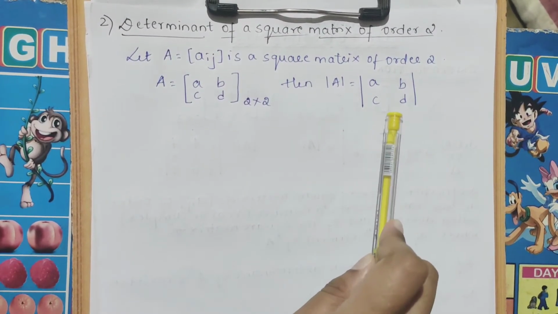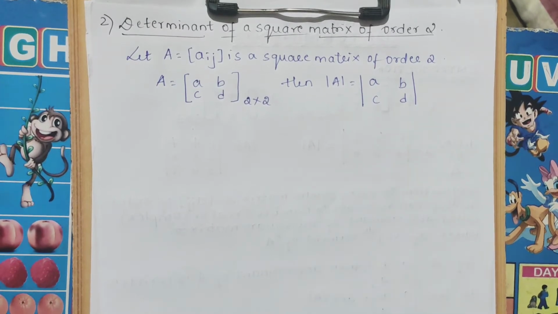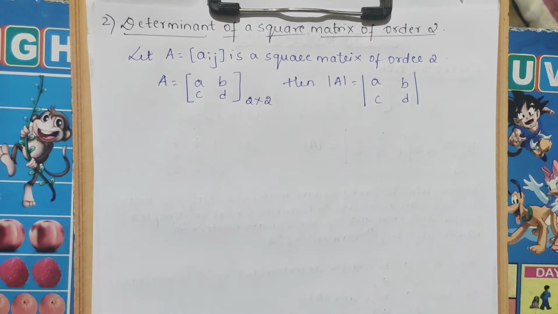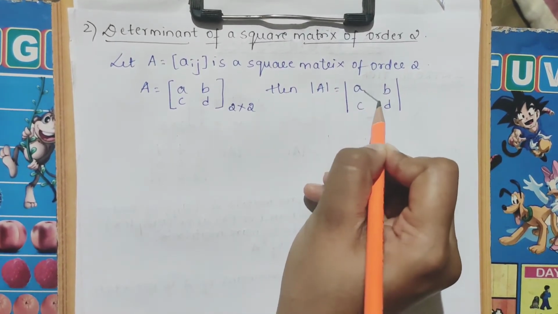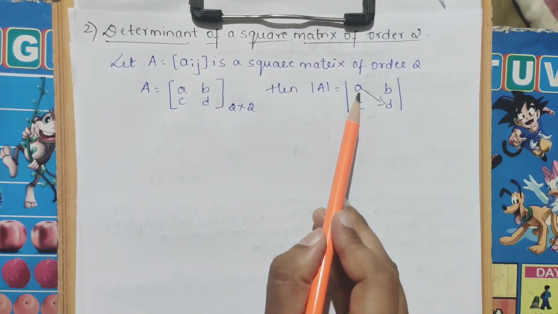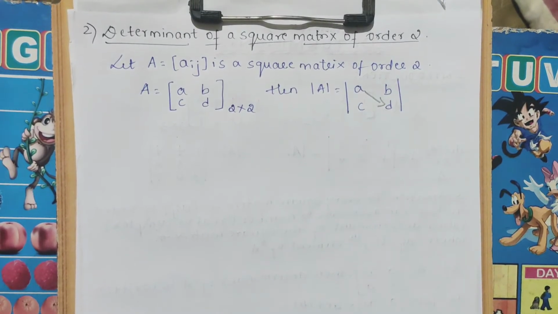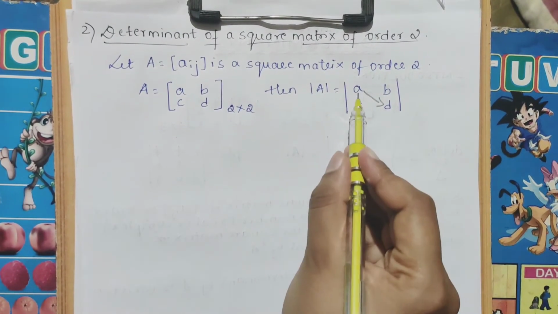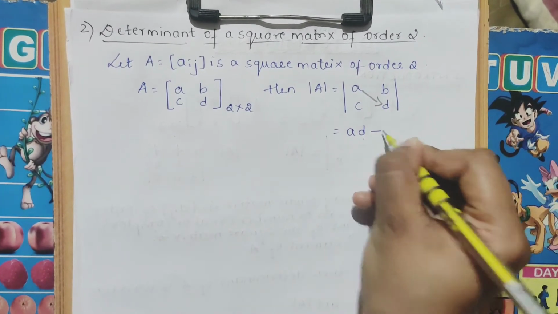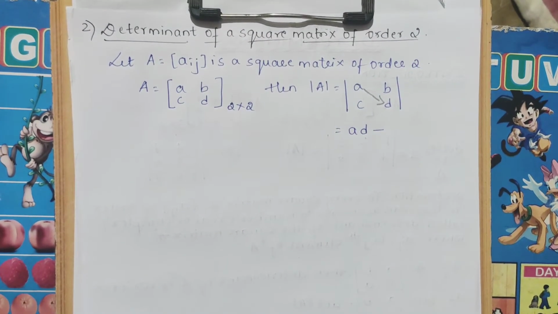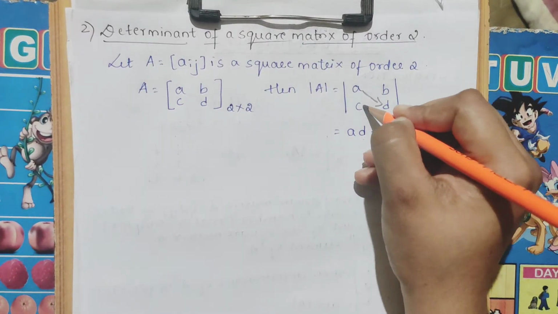Now how do you find the value of this? Here we multiply the diagonal elements: a into d. Then minus, and then multiply the off diagonal elements.